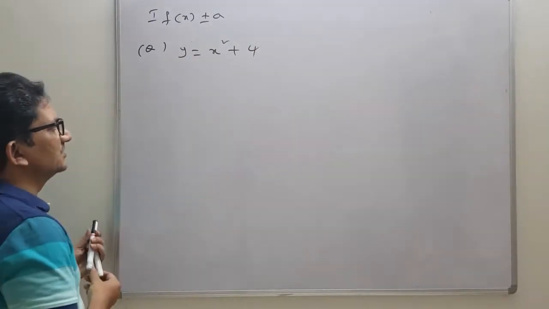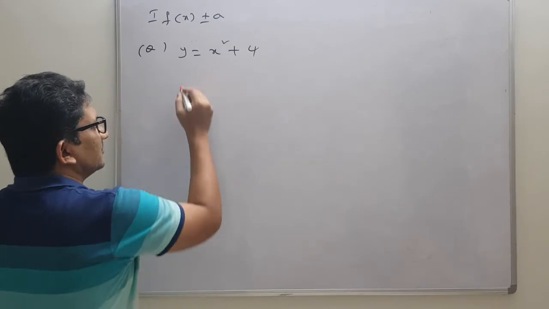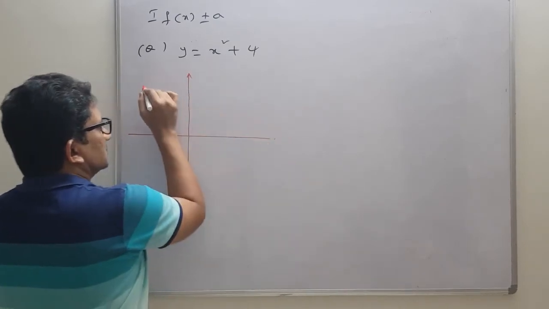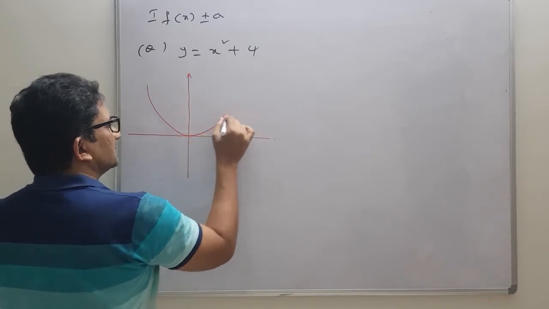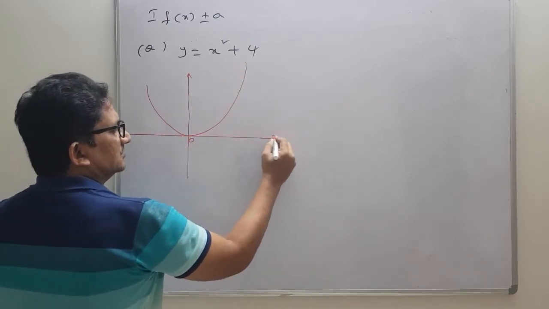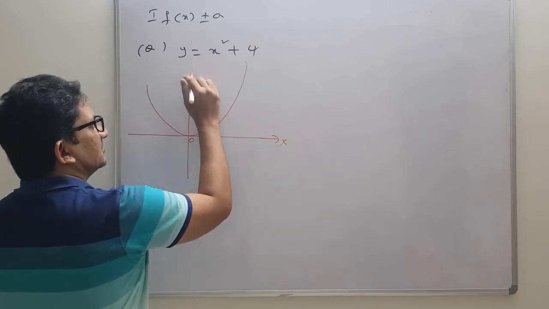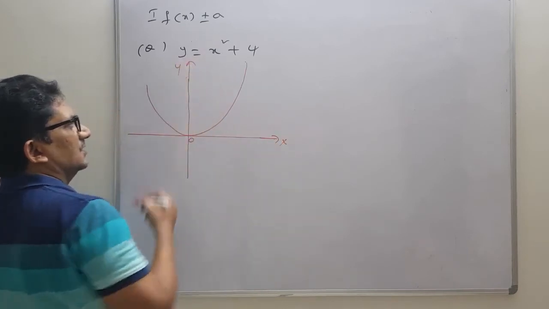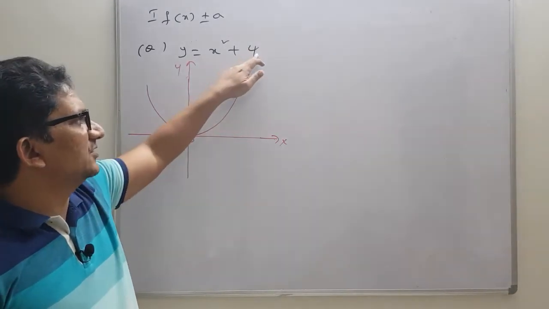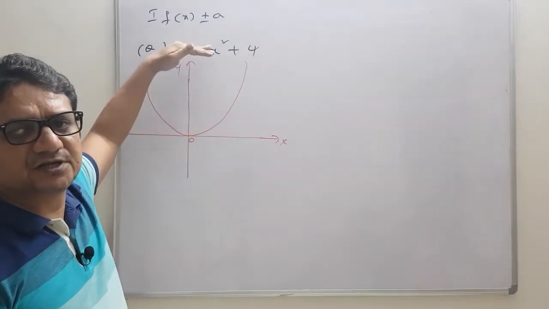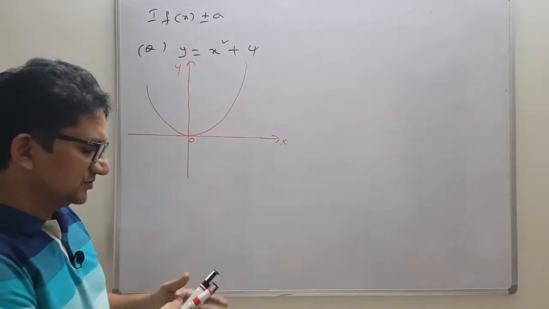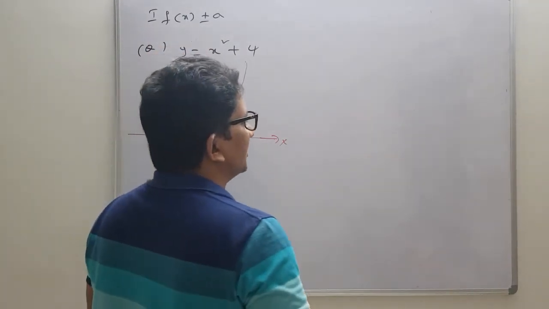So we will draw that one, the graph of a parabola open upwards, with vertex at the origin. This will be your x axis and this is your y axis. Now students, we need to shift the graph by 4 units upward, that is above the origin, where the axis is the y axis only. So that means the new graph will look like this.